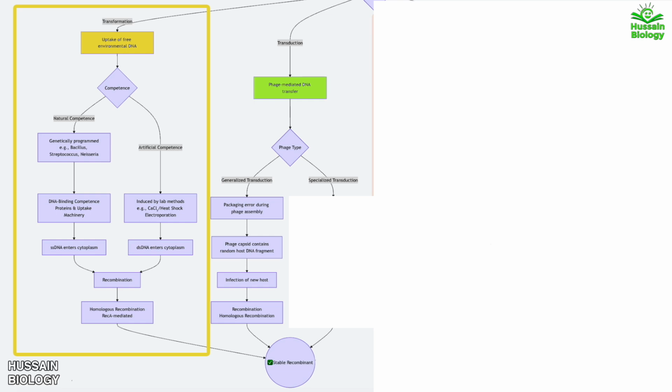Then we have the specialized transduction. This happens because of an excision error during the lysogenic cycle. Normally, we see a prophage, that is the viral DNA integrated in the bacterial chromosome, excises cleanly when switching to the lytic cycle. But sometimes the excision is sloppy, and the phage DNA carries along adjacent bacterial genes.